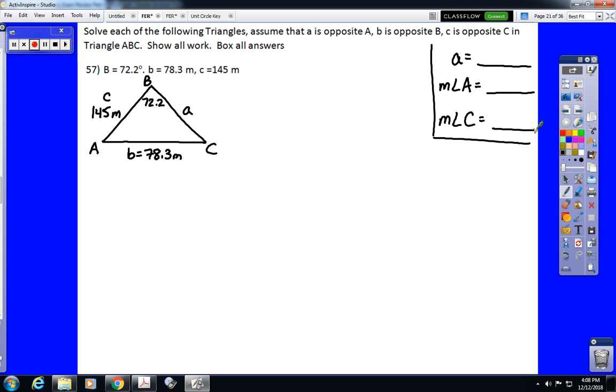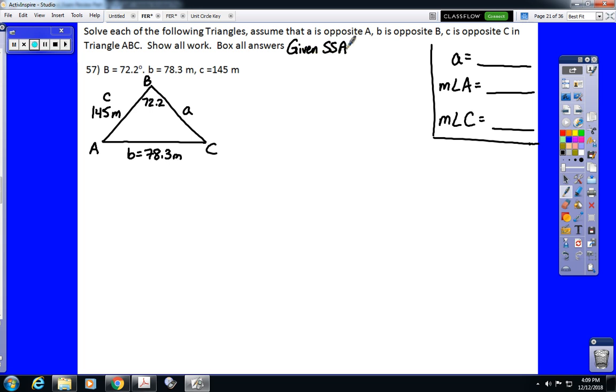Now this is a law of sines problem, which means it's either section 7-1 or 7-2. It really just depends on what you're given as to what approach you take, because this might be an ambiguous case problem. So we need to look here. We are given two sides and an angle, so we are given SSA.